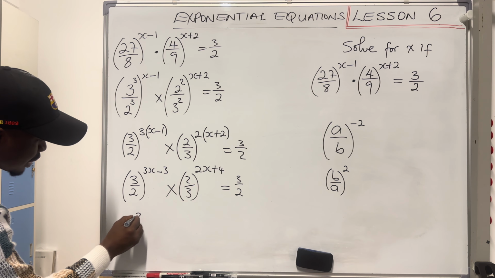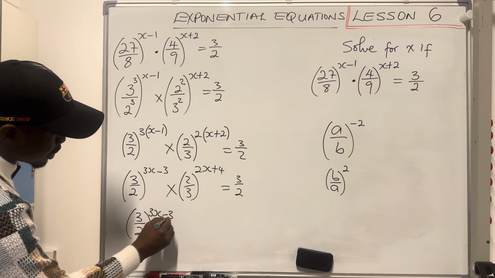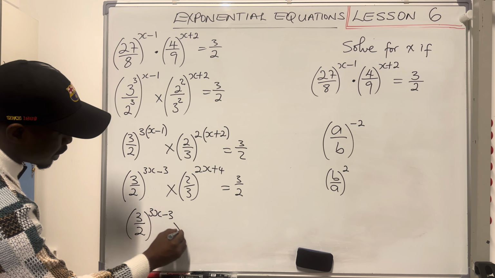Now we rewrite this 3 over 2 to the power 3x minus 3. So the fact that if you swap this, it is accepted once you change the sign of the power. So what do we do? We also swap them. We'll say 3 over 2. So this plus becomes minus.